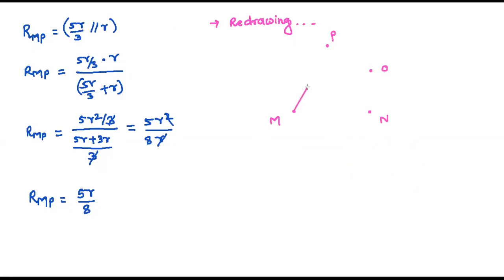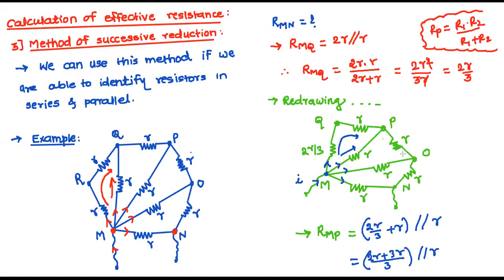So here it is like this, and now how many branches will you get? P and O, right?